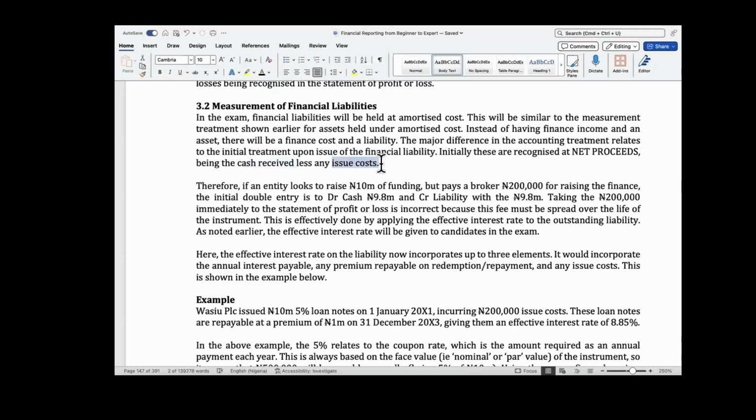This issue cost, I mean that transaction cost. See, when you borrow money and you incur transaction costs like issue costs, like stockbrokers' fees and the rest, you deduct it from the money you borrowed. So liabilities are initially measured at net proceeds. So you really need to note this. They are initially measured at net proceeds. But at the end of the year, the classification and measurement is amortized cost.